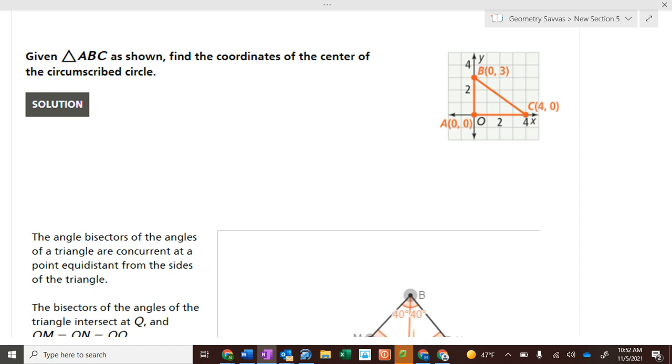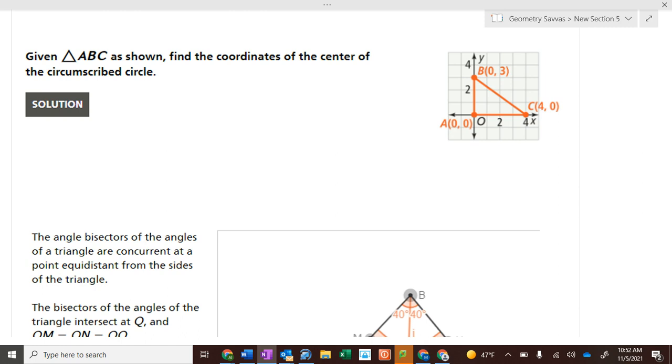Because a perpendicular bisector, what does bisector mean? It crosses it at its point. What kind of point? Midpoint. Crosses at a midpoint. What's halfway in between 0 and 4? 2. So if you make a perpendicular bisector at 2, it's right there. What's halfway in between 0 and 3?